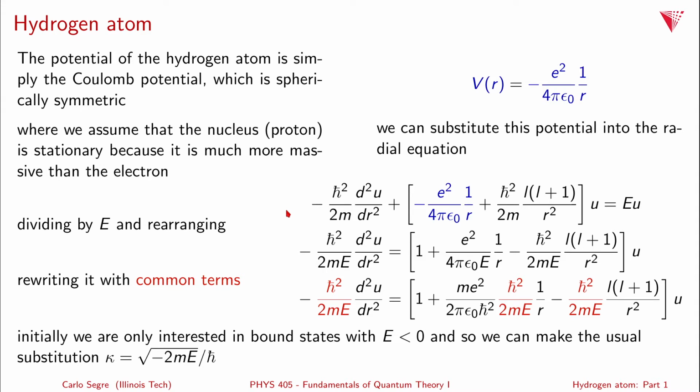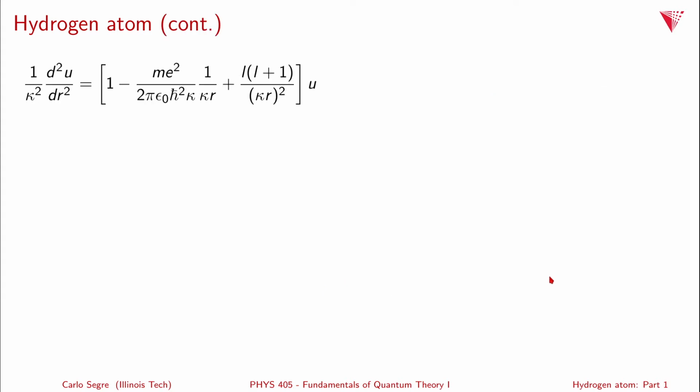Because E is less than 0, we can make the usual substitution for kappa, which is the square root of negative 2mE over h bar squared. The negative sign is inside the square root in order to make this positive definite. So the minus sign is incorporated here, a minus sign is added in here, and the minus sign is incorporated here. When we do that, we can now rewrite this equation in the following way.